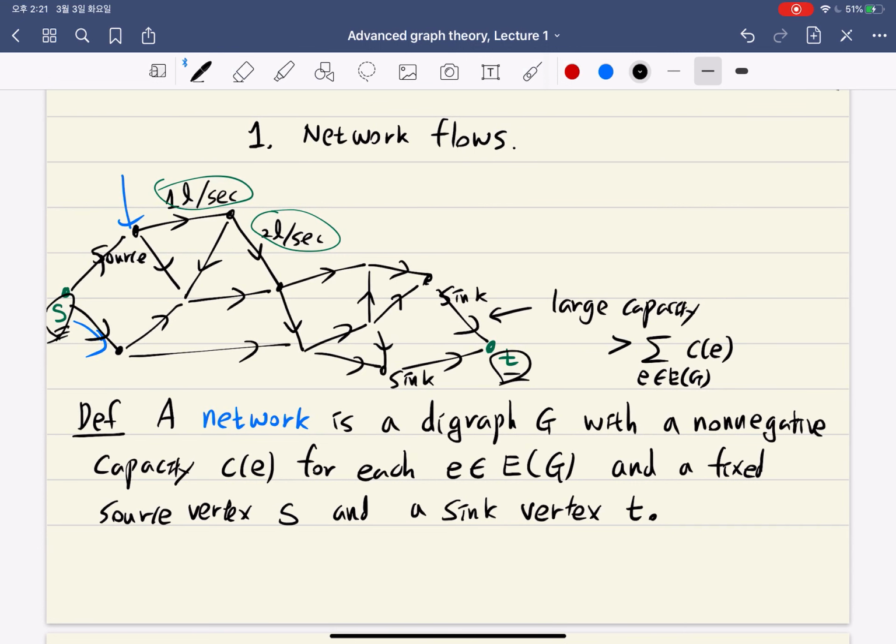Because these edges have large capacity, this network and the original network are essentially the same, in the sense that the amount of water that can flow from the sources to the sinks in the original network is the same as the amount of water that flows from this super source to the super sink.